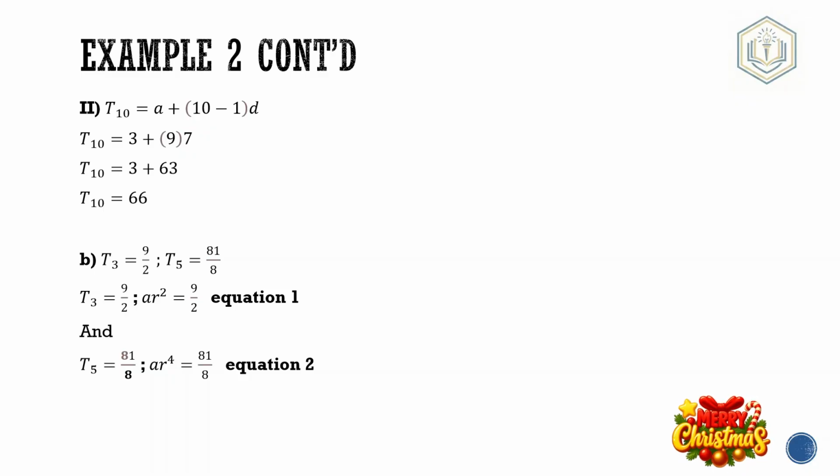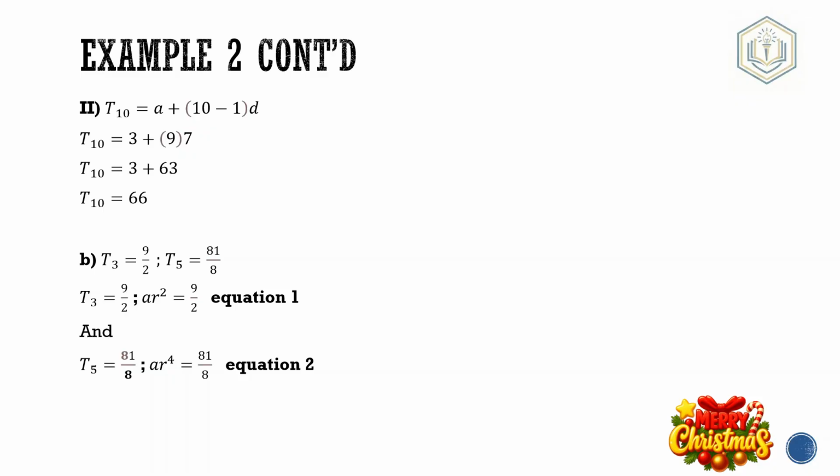Now we go to the second one, which is the geometric progression. We have our third term equal to 9 over 2, and then our fifth term is 81 over 8. If you substitute the third term into the nth term formula, which is a times r raised to power 2, it equals 9 over 2.